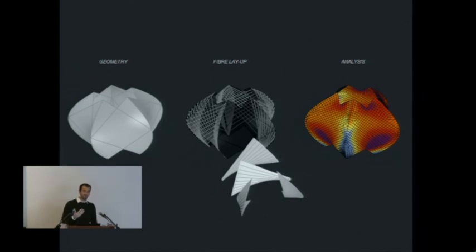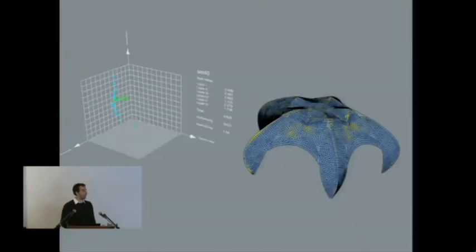You can imagine that the resultant interrelation between the geometry that you plan, the fiber layup, the resultant fiber organization, and the actual structure behavior is, again, not very straightforward, so that we actually had to test and simulate that quite frequently, and in the end we were able to optimize that mainly through the engineering competence from the ITKE, so that we could achieve a maximum stiffness from the fibers that we wanted to lay down.